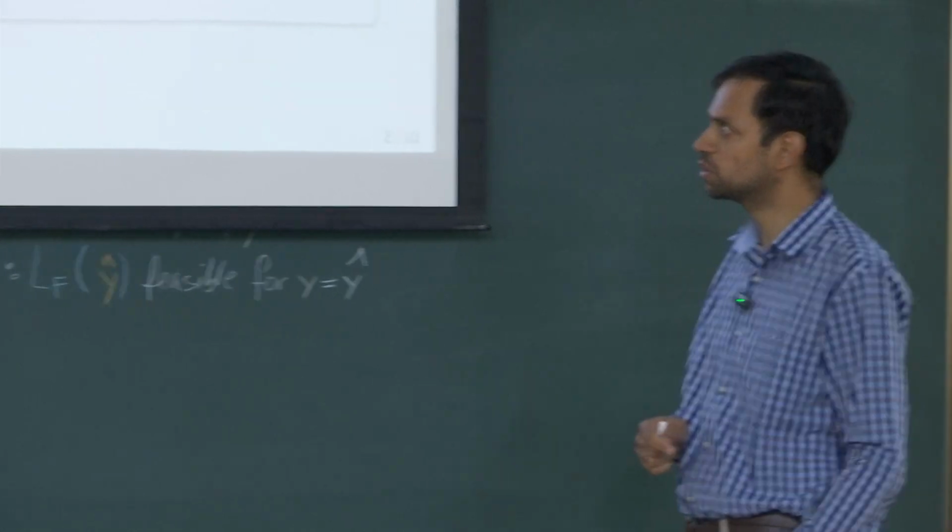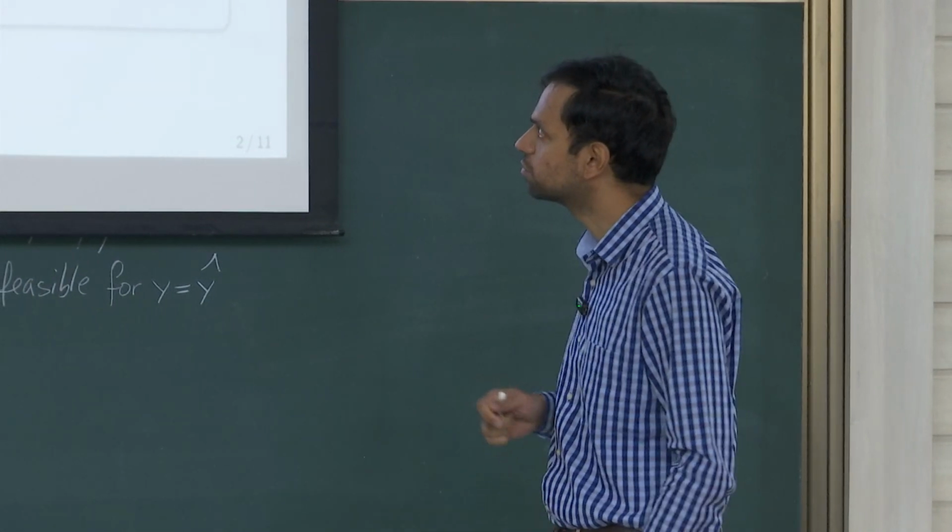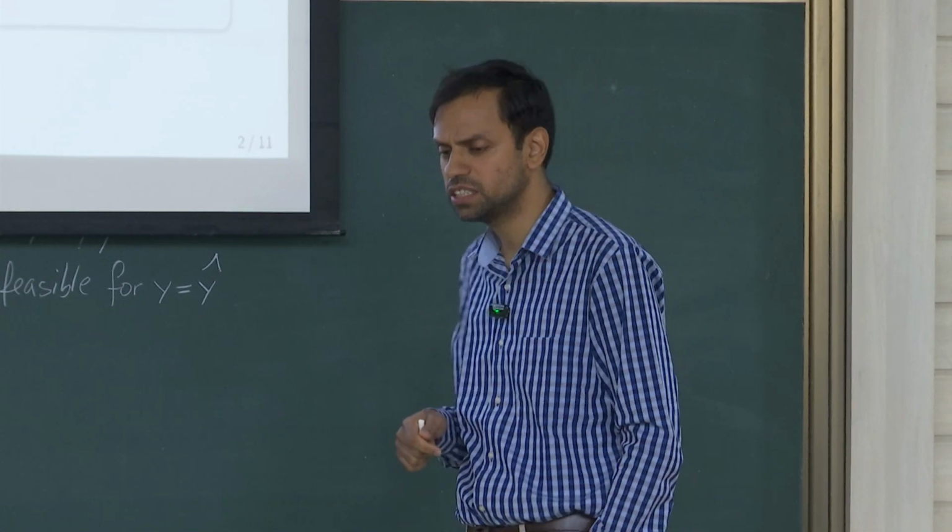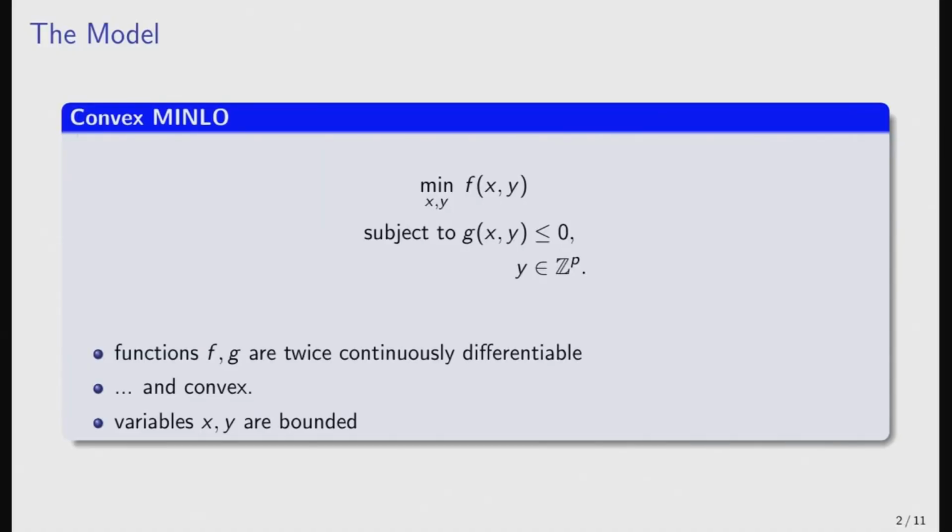We are going to assume that the functions f and g are convex as well as twice continuously differentiable.